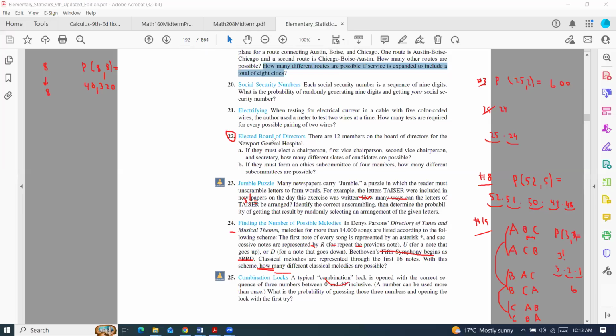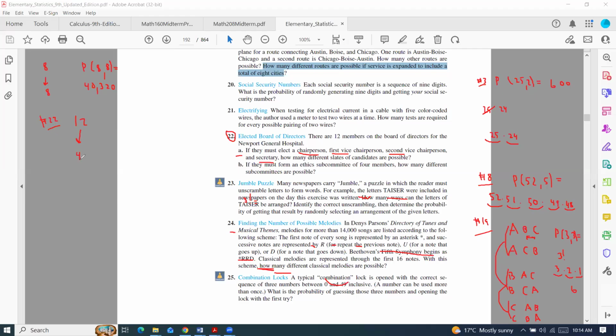So I'll do 22. So part A is, again, you start to choose a committee, different committee members. It looks like there are 4 selections. So what they want you to do is to choose out of 12, total is 12, 4 people only.